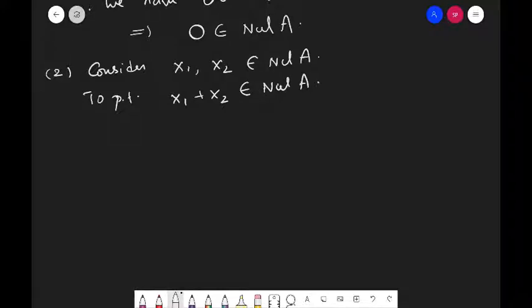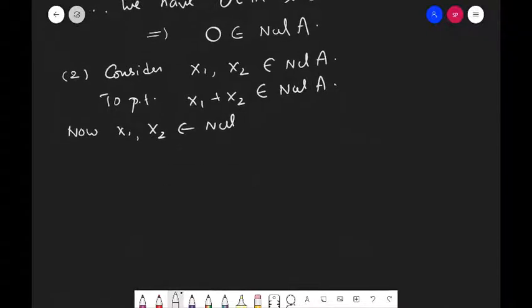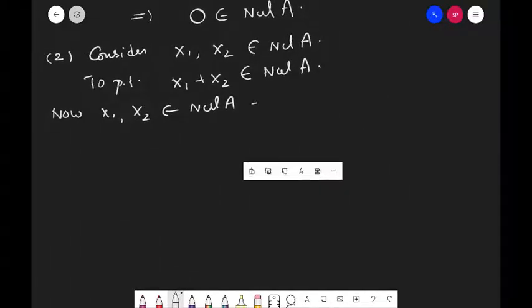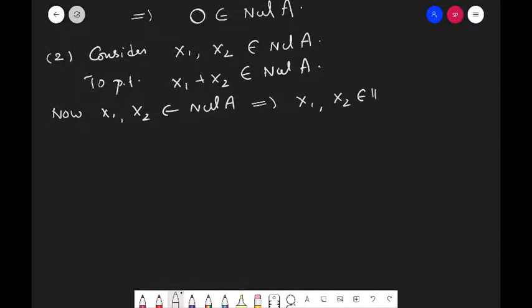So, now x1, x2 belong to null A. What are the two conditions they have to satisfy? x1, x2 belong to Rn, and Ax1 is equal to 0, Ax2 is also equal to 0.